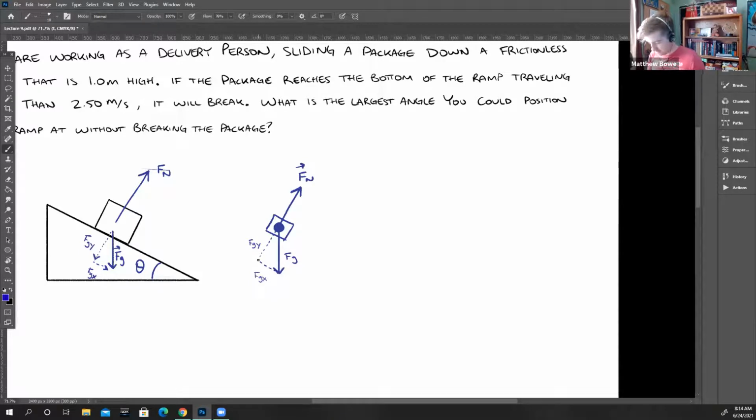This is where we could just use some properties of geometry. We can see that the angle of the ramp is going to be the exact same angle as this side of the triangle right here. So that is the same angle. That is very helpful solving this.